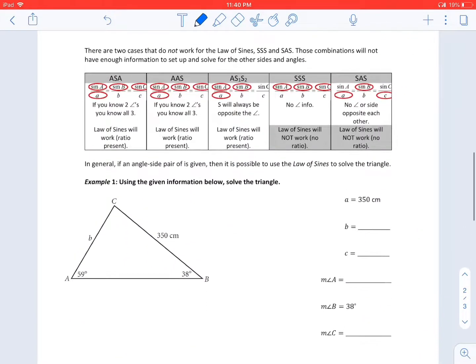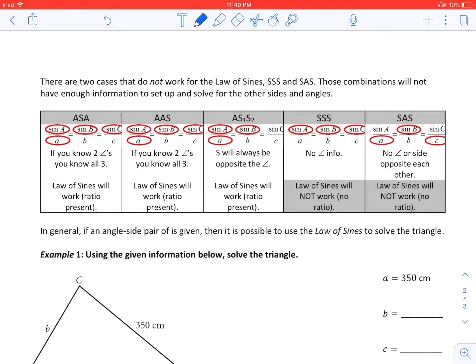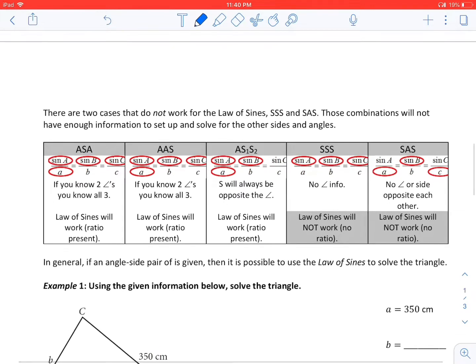The law of sines can be used in only one specific set of circumstances. That set of circumstances is if in your given information you're given at least one angle side pair.